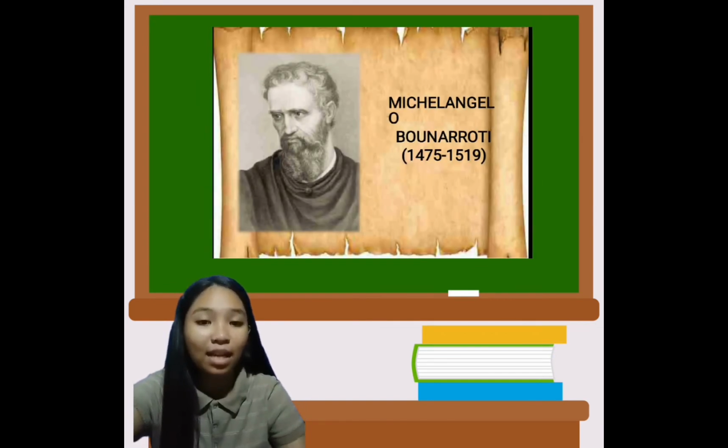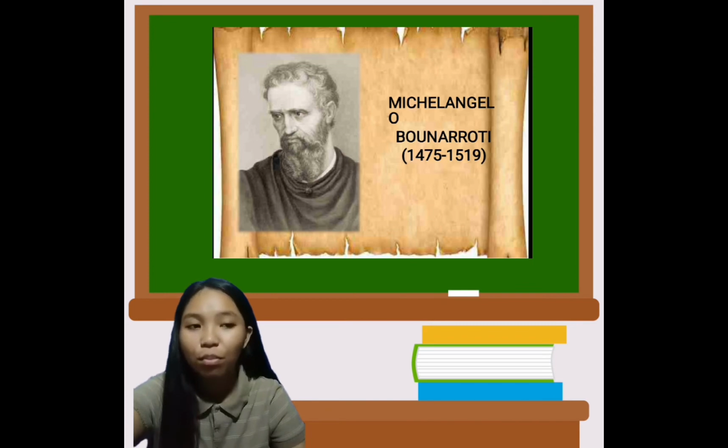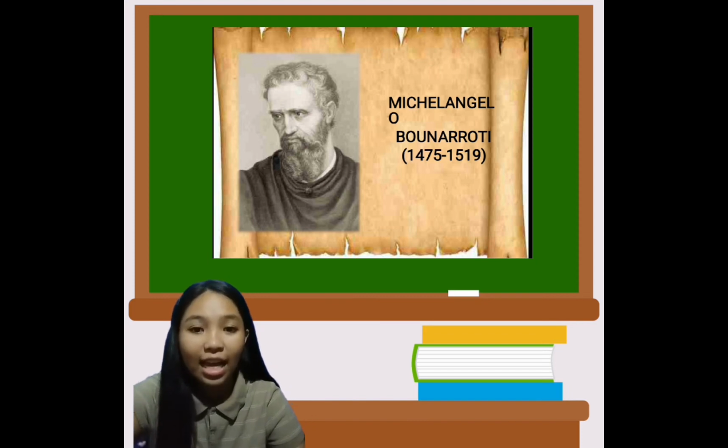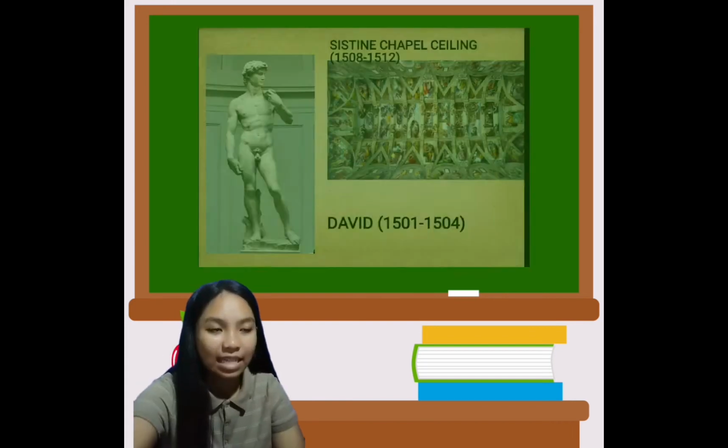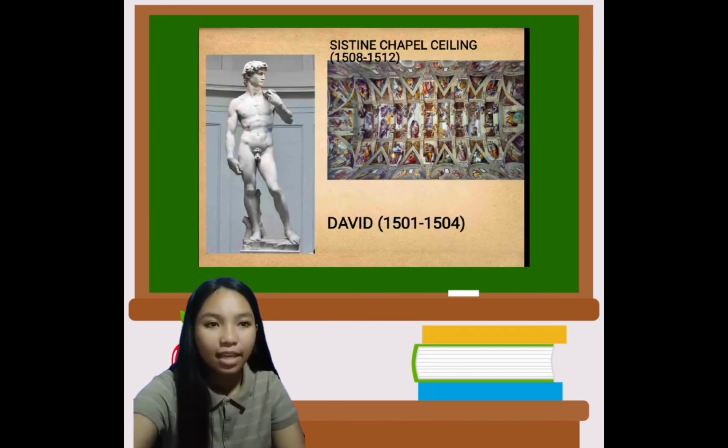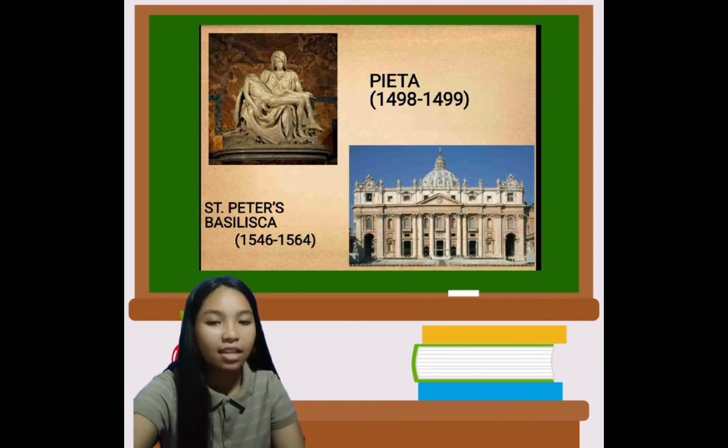Next is Michelangelo, known as Michelangelo di Lodovico Buonarroti Simoni, who was an Italian High Renaissance sculptor, painter, architect, and poet. And these are his major artworks: Sistine Chapel Ceiling, David, Pieta, and St. Peter's Basilica.